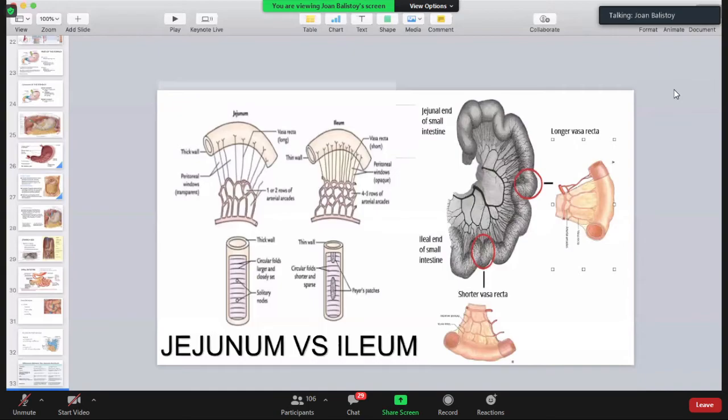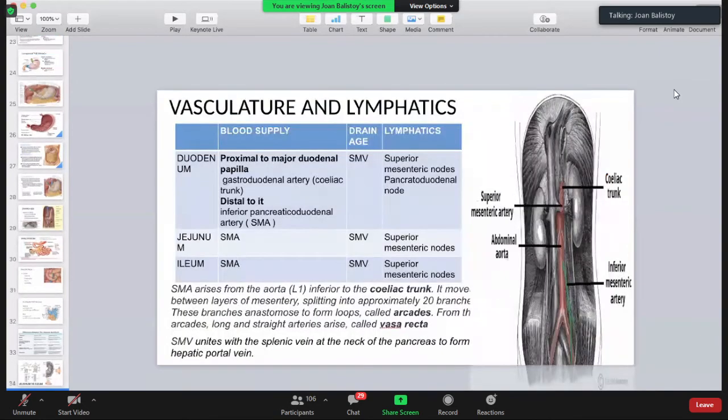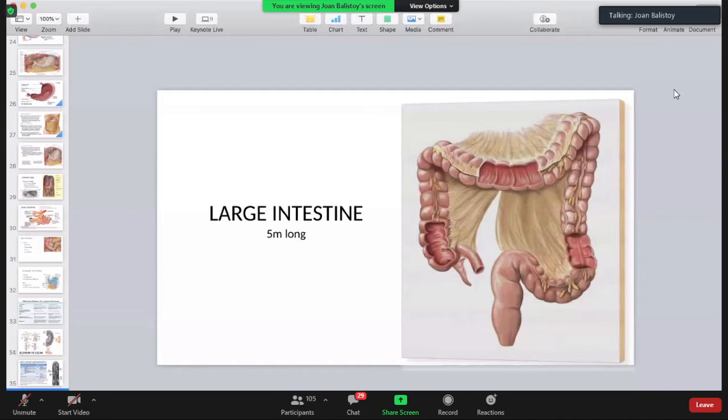So we have here a table showing the vasculature, drainage, lymphatics of the small intestine, which is more of a theoretical thing rather than a laboratory thing. So we go now to the large intestine. The large intestine is where water is absorbed from your indigestible residues of the liquid chyme, converting it into a semi-solid stool or feces that is stored temporarily and allowed to accumulate until defecation occurs.